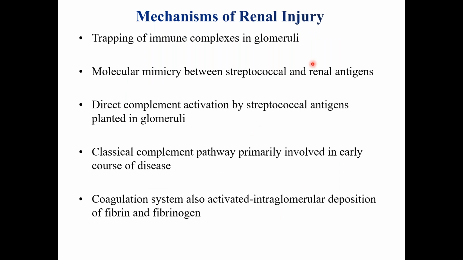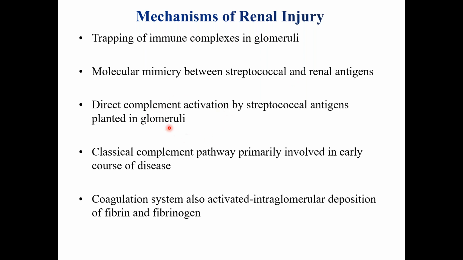What are the mechanisms of renal injury in post-streptococcal glomerulonephritis? It appears that trapping of immune complexes in glomeruli can result in a lot of inflammation. There also appears to be a molecular mimicry between streptococcal and renal antigens, which leads to inflammation in the kidney and attracts these antigens to the renal basement membrane.